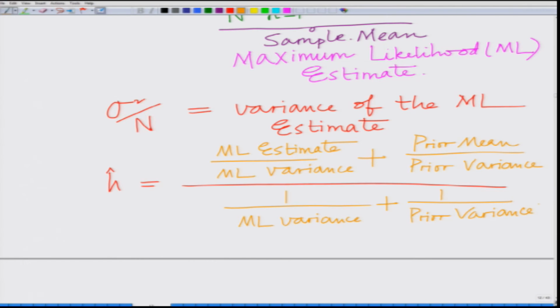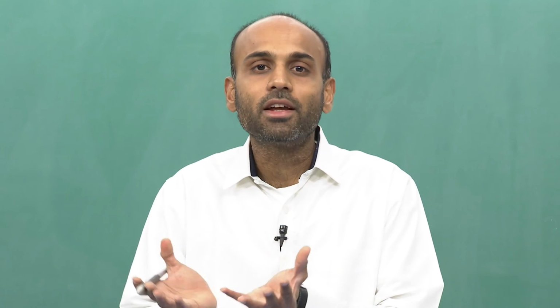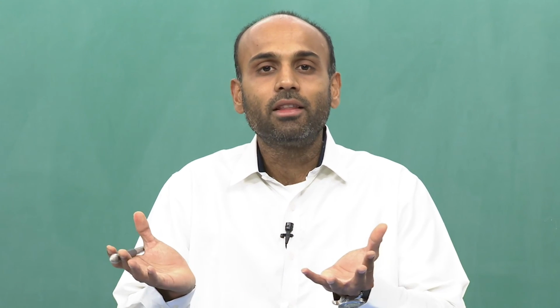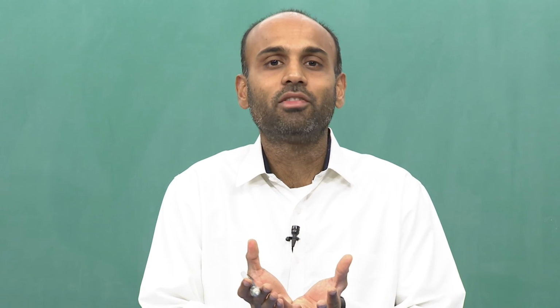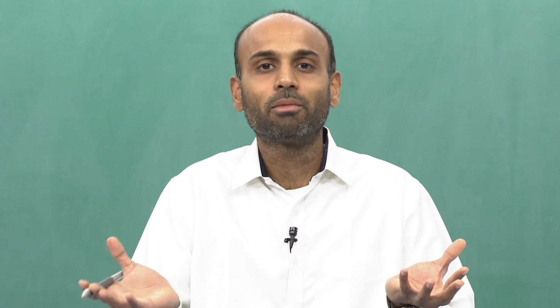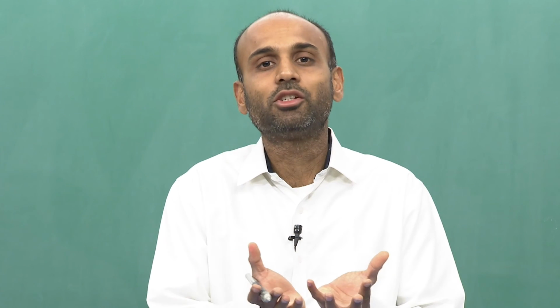So it has a very beautiful interpretation. What it is doing is that we have the ML estimate, the maximum likelihood estimate, and we have the prior mean, mu h, that can be treated as another estimate of the parameter h. Then you are performing a weighted combination of these two estimates, the ML estimate and the prior mean, in the inverse ratio of their variances.